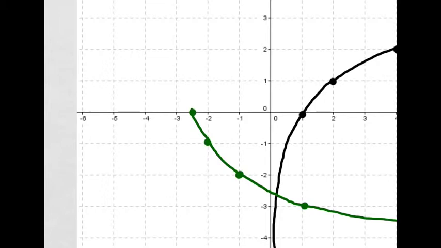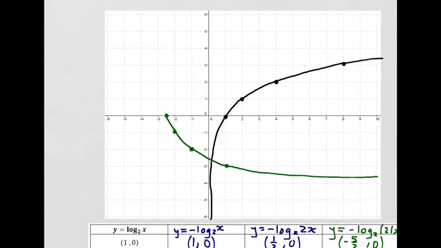So there should be an asymptote, maybe I'll draw that in red, here. Okay. So my green graph is going to be approaching that line into infinity.